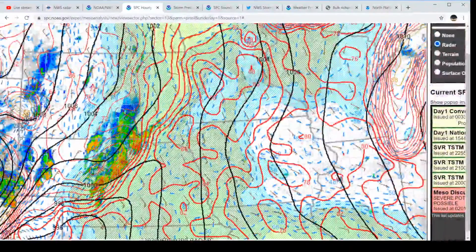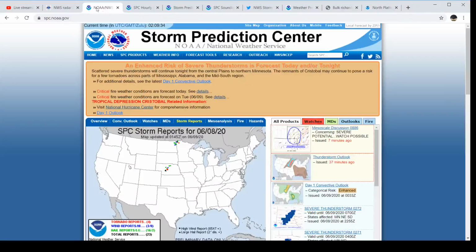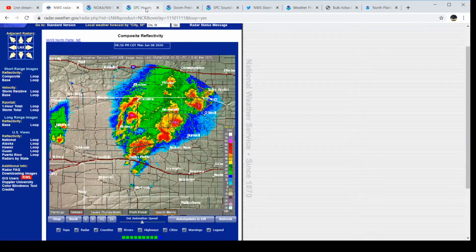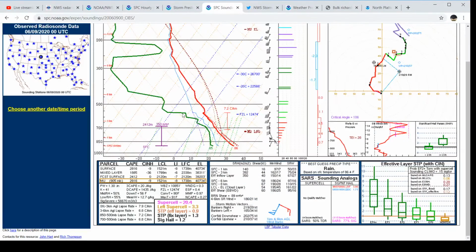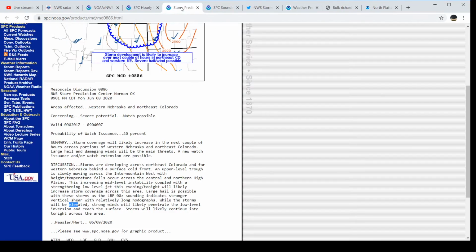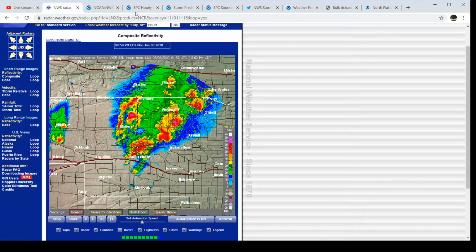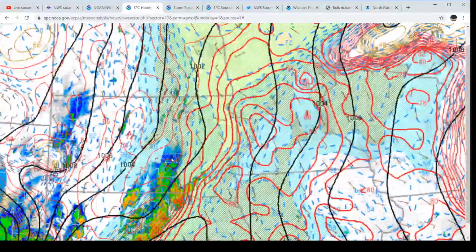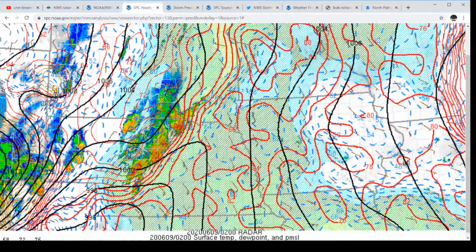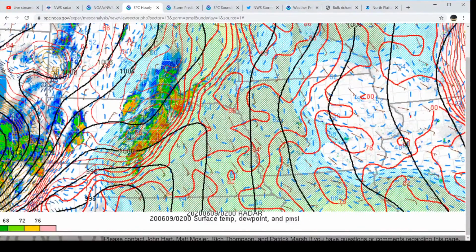Okay. These storms have to go through a max convective temperature of 90. And what temperature is it right now? 66. 84. Okay.